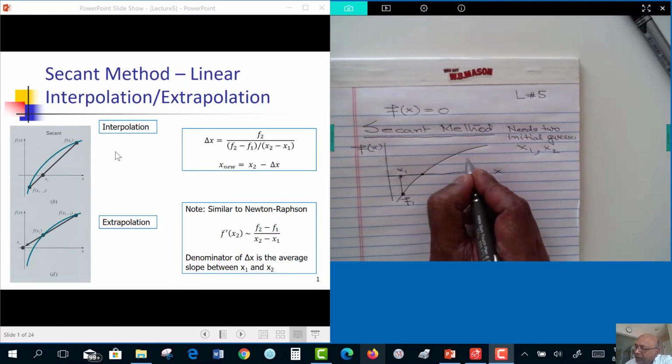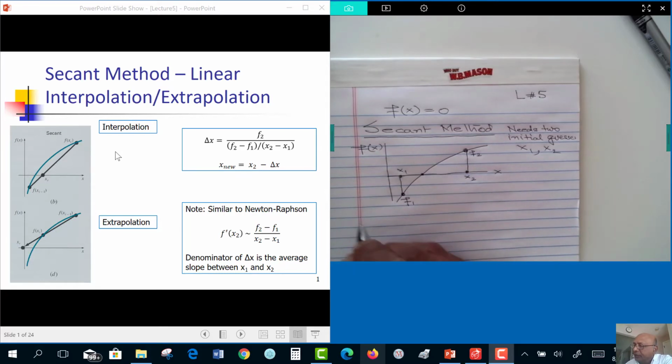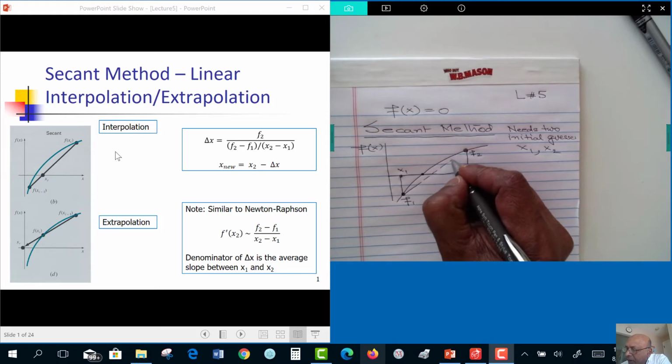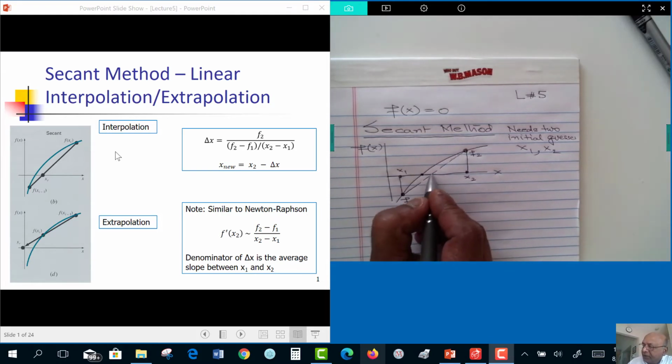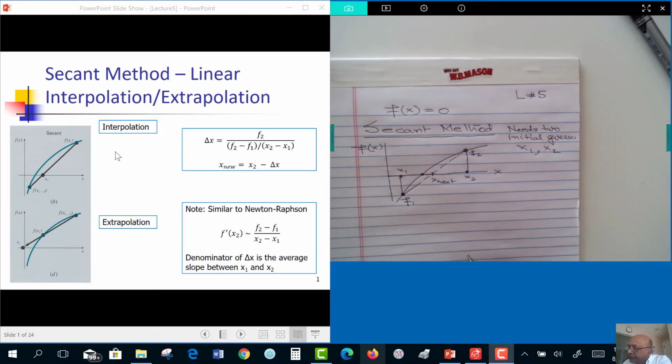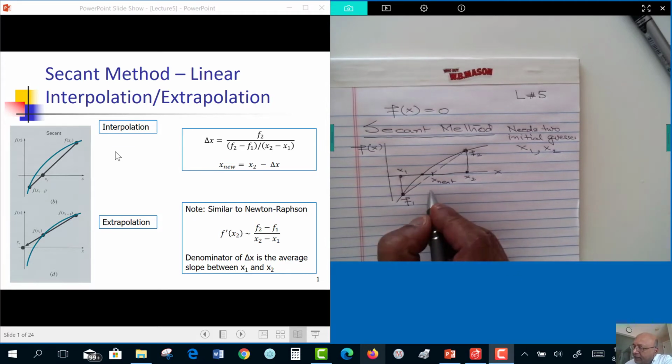So we evaluate the function and it is f2. So then what we do is we connect both of these points and that becomes our next guess, or x new. Okay, so let's see how we can get x next.